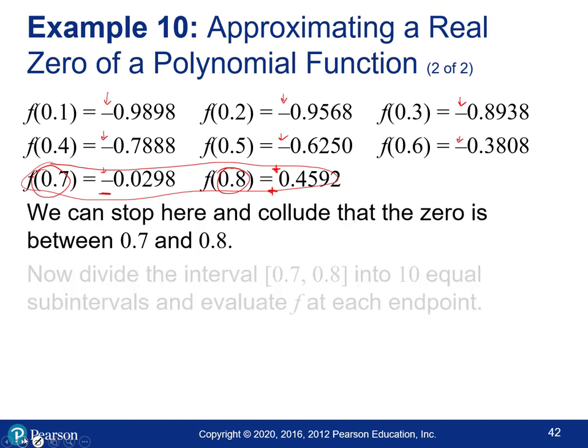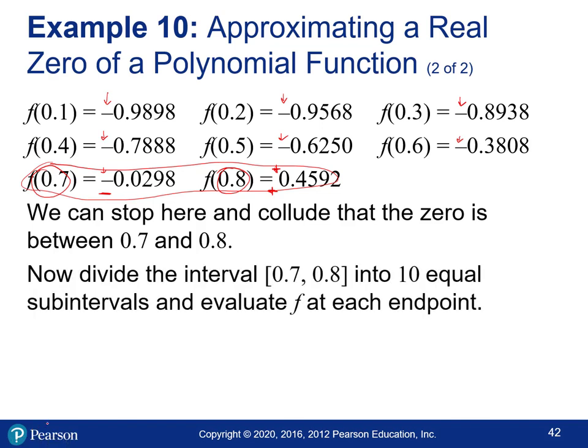Alright, and so now we repeat the process. Between 0.7 and 0.8, we need to divide that into 10 equal subintervals. So in this one, you would have the larger number 0.8 minus the smaller number 0.7, divide that into 10 equal parts, and those are going to have a length of 0.01.